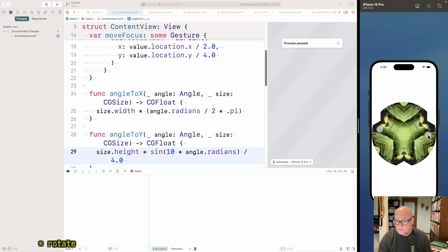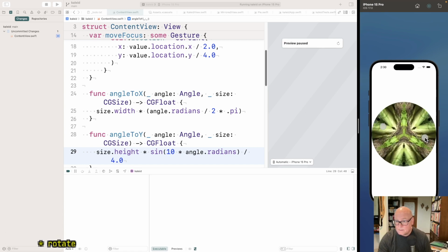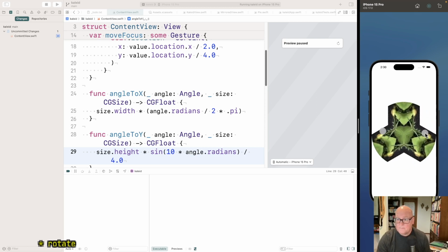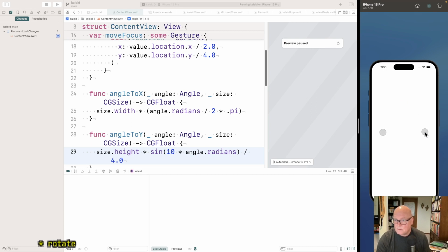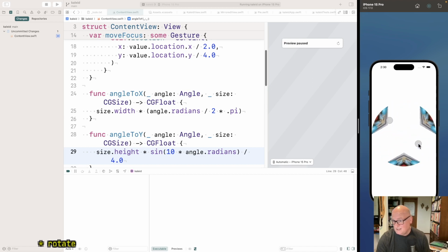All right, so here. Yeah, I think these bumps. So I would call this 0 to -30.